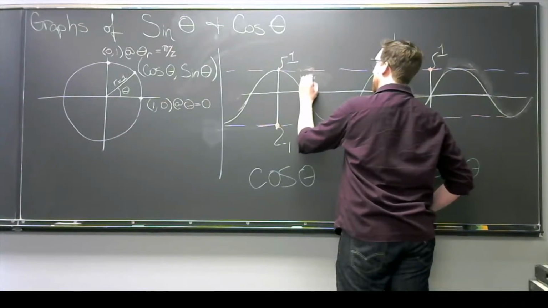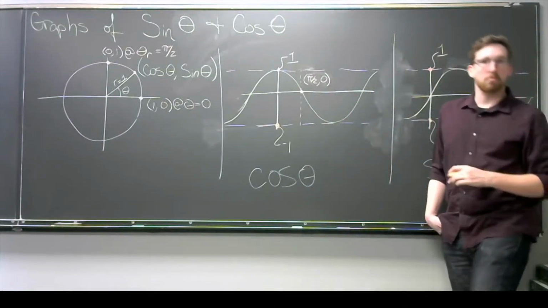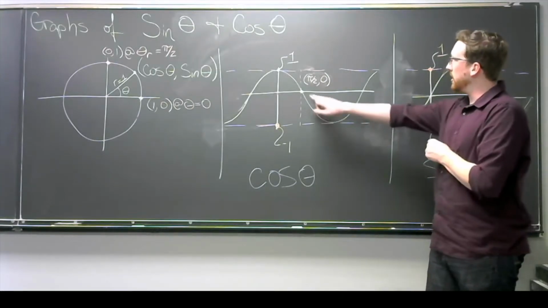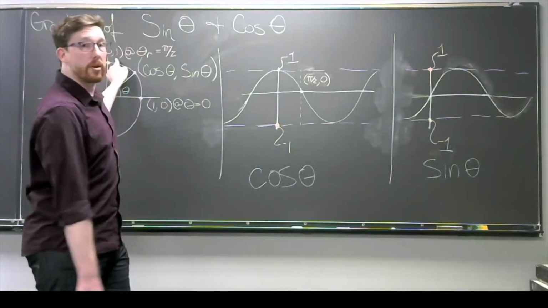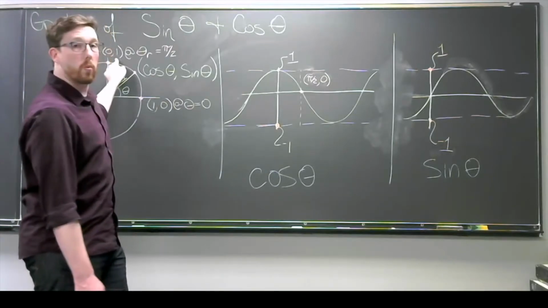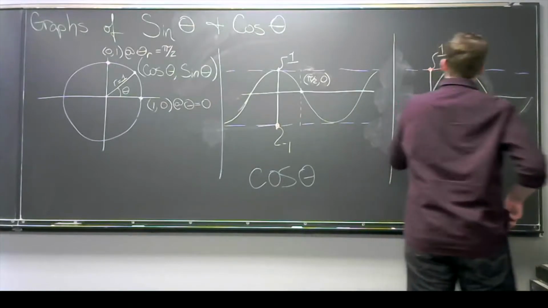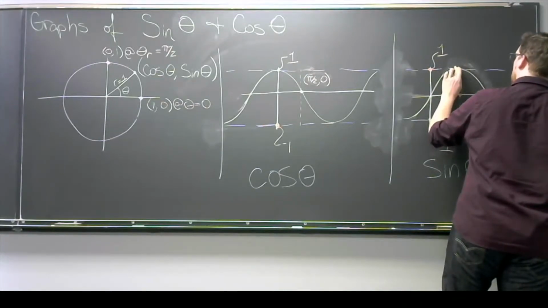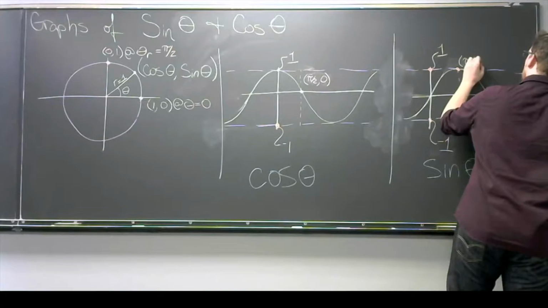Pi over 2, 0. Okay. So if this is pi over 2, 0, and we know that in our other graph, we want to find where sine is equal to 1. That must be here. Pi over 2, comma 1.